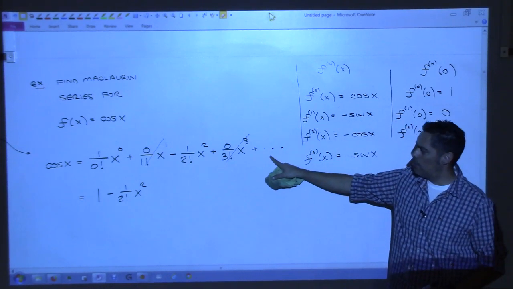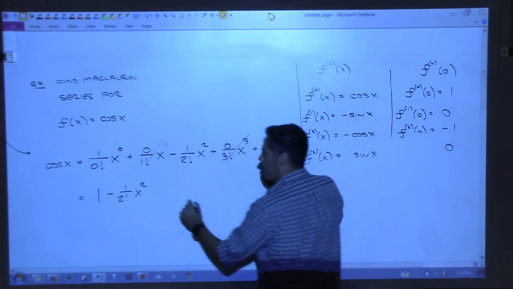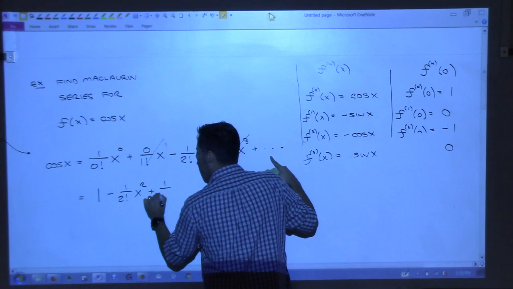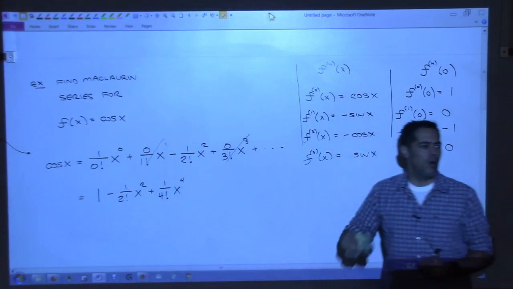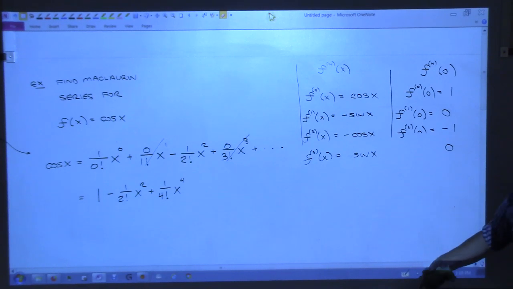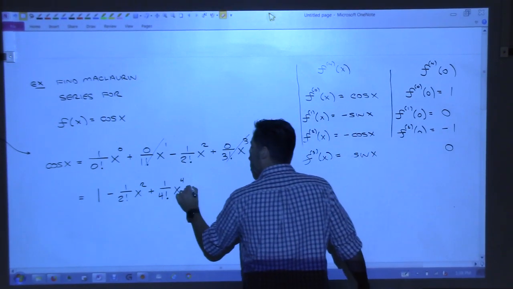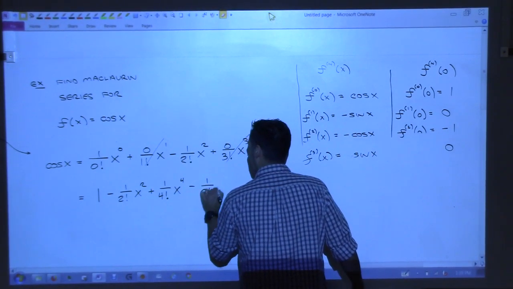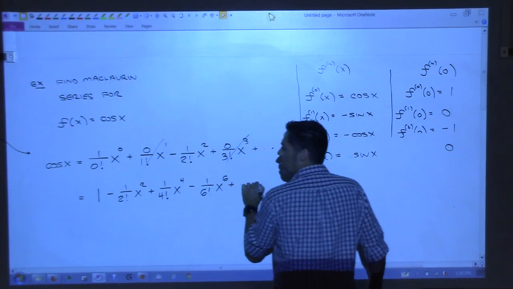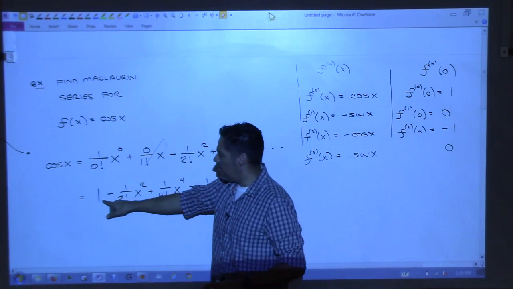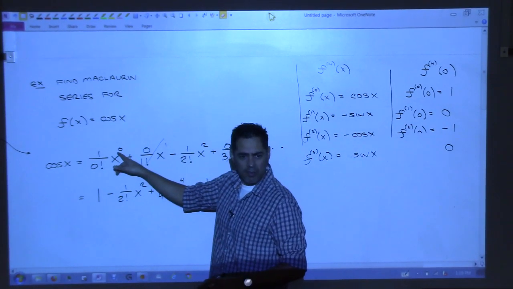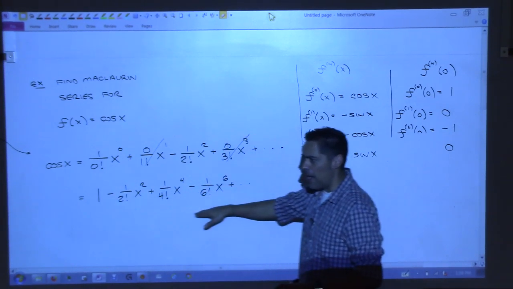One over 4 factorial, so it would be plus 1 over 4 factorial x to the 4th. Then what would the next one have been? Minus 1 over 6 factorial x to the 6th, and so on and so forth. All even powers. You might argue that's not an even power, but yes it is. x to the 0, 0 is even. So these are all even powers of x.